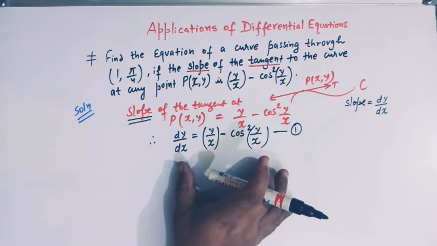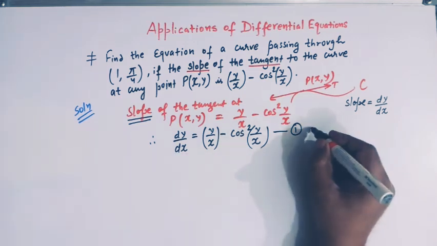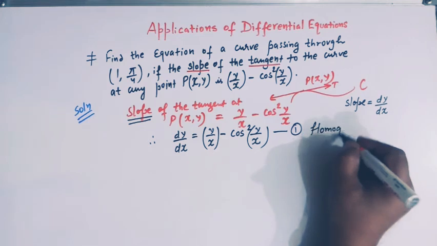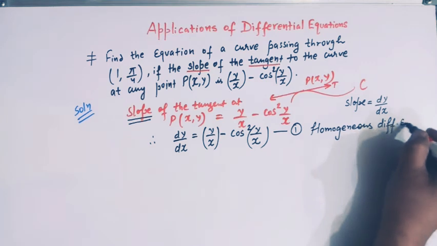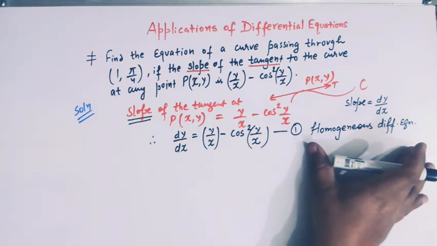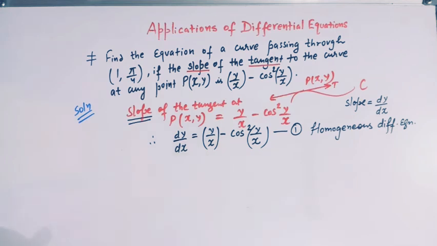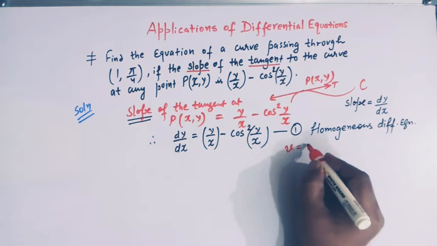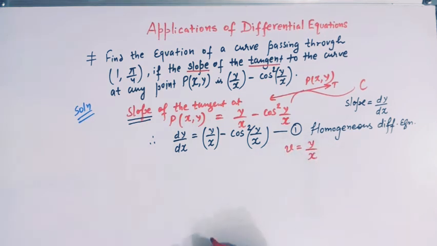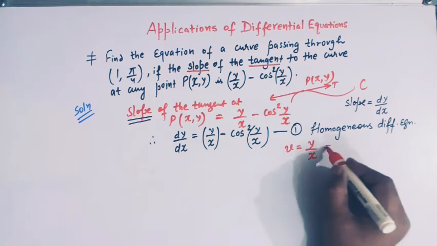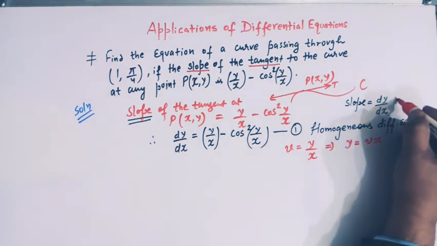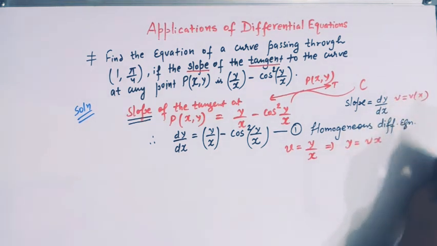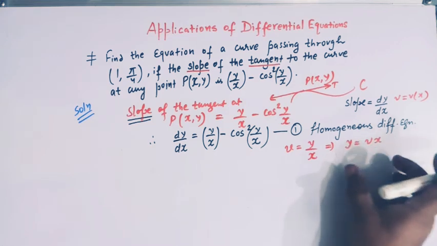Now we see that this is a homogeneous differential equation, and this homogeneous differential equation can be solved by substituting v is equal to y over x, right? Or in other words, we can write y is equal to vx, where v is a function of x, right? So y is equal to vx.